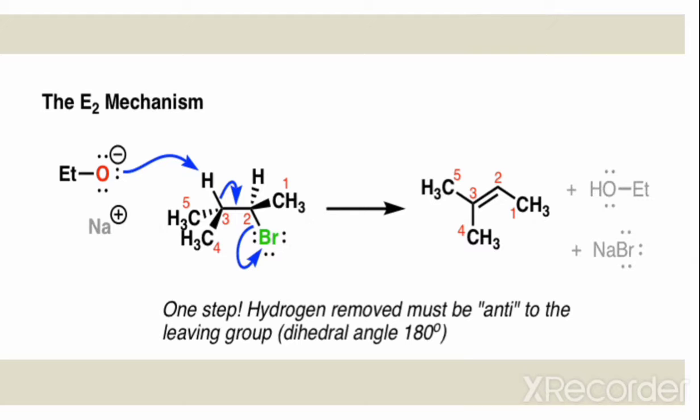It can be understood this way: if the nucleophile attacks from the left hand side, the leaving group must be on the right hand side.